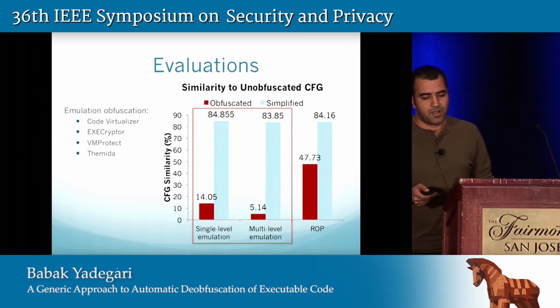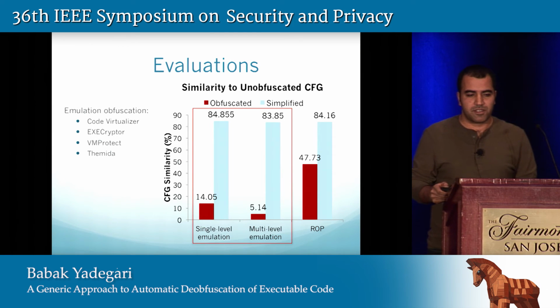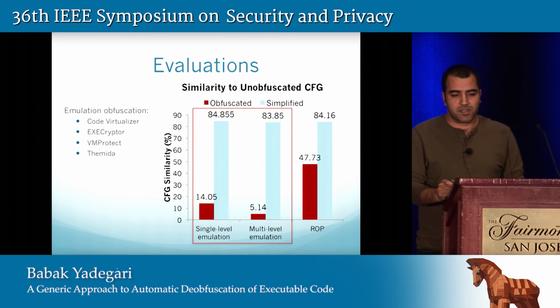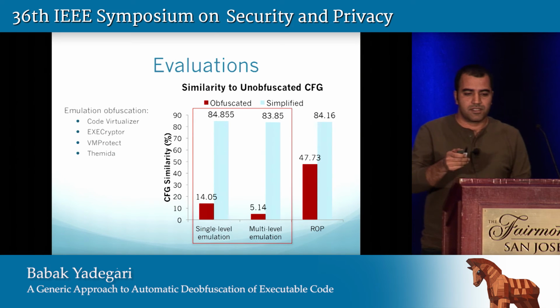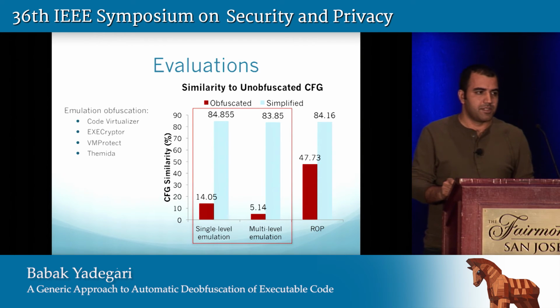And we have also measured the CFG similarity of a bunch of programs. For emulation-based obfuscation, we used 4 commercial obfuscation tools: Code Virtualizer, Executor, VM Protect, and Themida. The red bars show the CFG similarity of the obfuscated programs to the original programs. And the blue bars show the CFG similarity of the simplified programs, again, to the original programs.